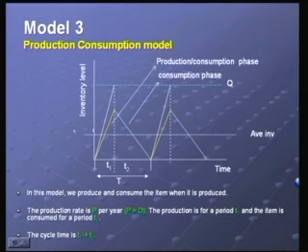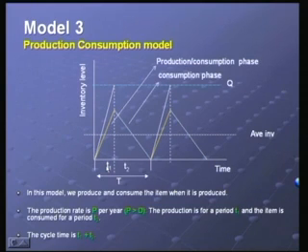So, at every cycle of production we actually produce for a period T1 and only consume for a period T2, it is called the consumption phase. The period T1 is a production and consumption phase. The total that we have produced is P into T1 because we produce at the rate of P for a period T1.